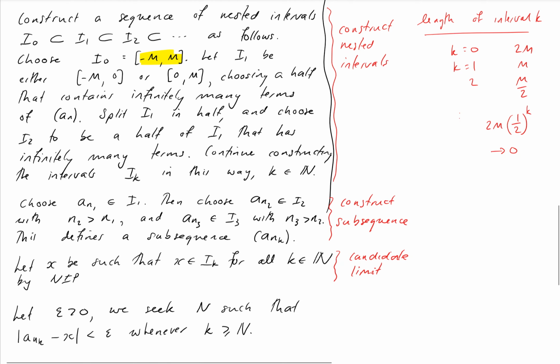So let's just write that down. We'll choose n so that k is greater than or equal to n implies that the length of interval k is less than epsilon.